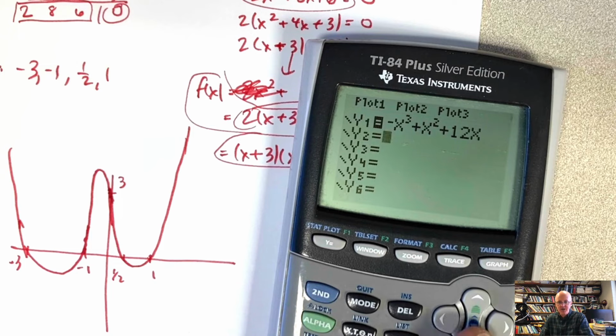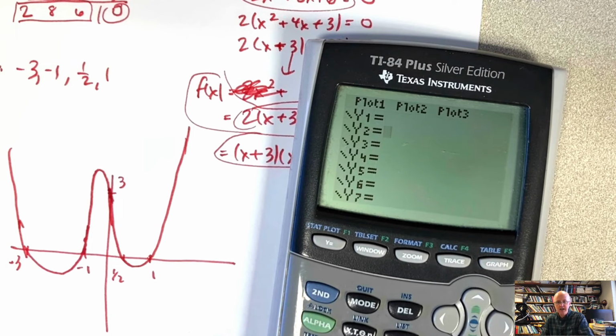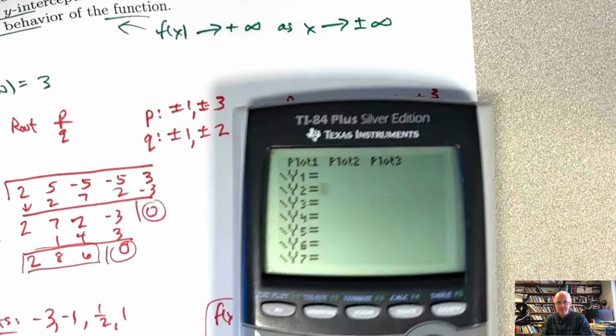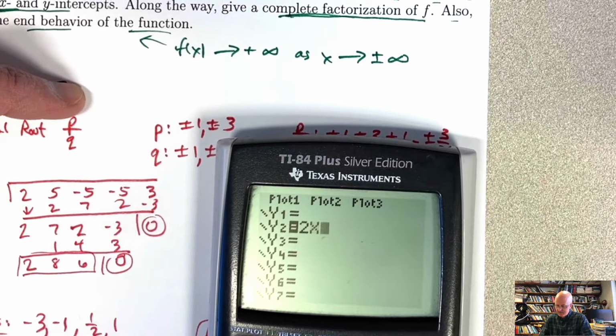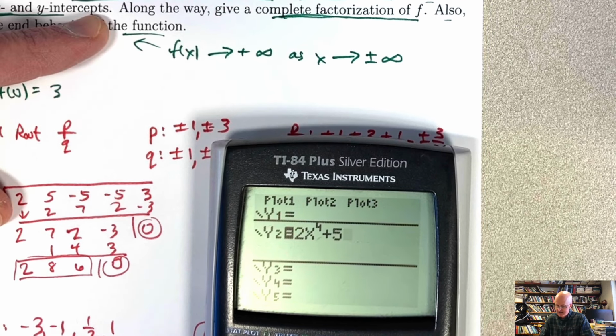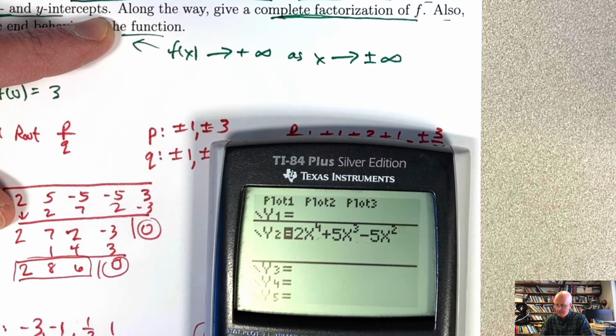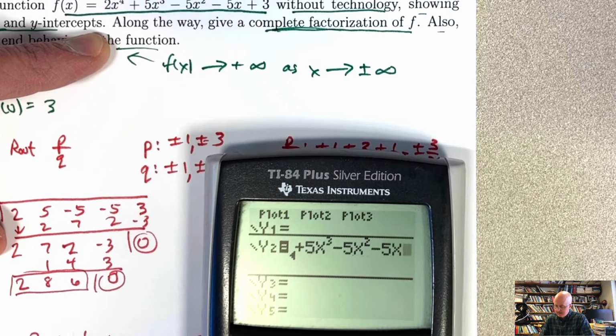So I'll change my function here and plug in my original function: 2x to the 4th plus 5x cubed minus 5x squared minus 5x, and then plus 3.